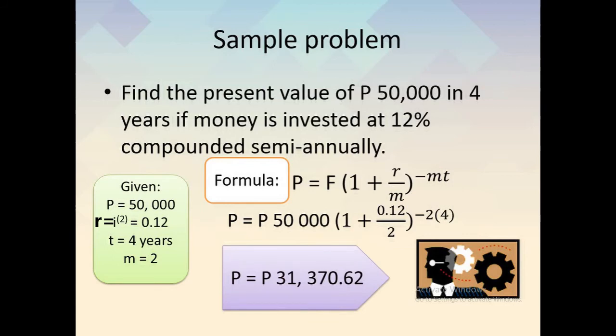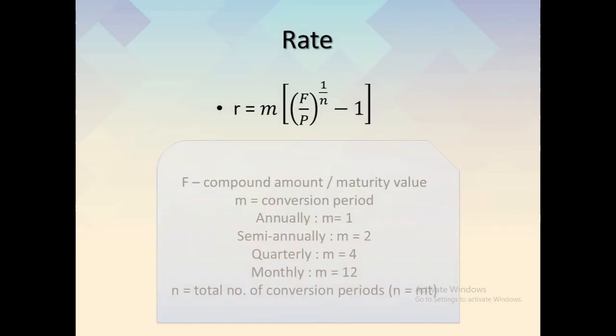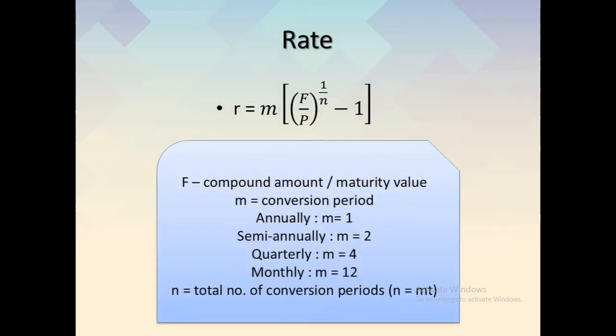Let's now have another formula for the rate. R is equal to m times the bracket F over P to the power of 1 over n minus 1, where F is the compound amount or maturity value, m is the conversion period, where if annually m is equal to 1, semi-annually m is equal to 2, quarterly m is equal to 4, and monthly m is equal to 12.